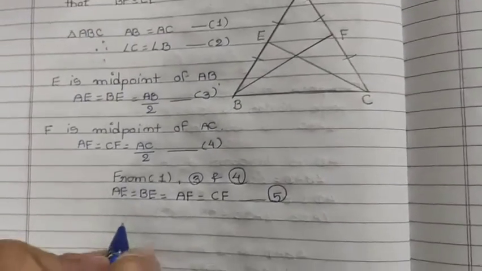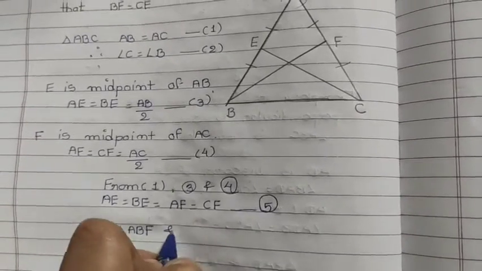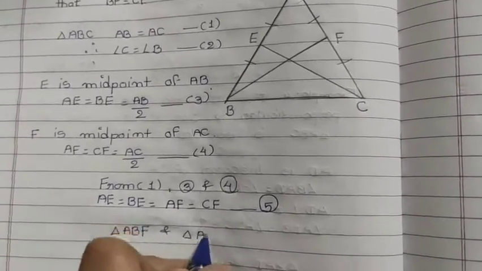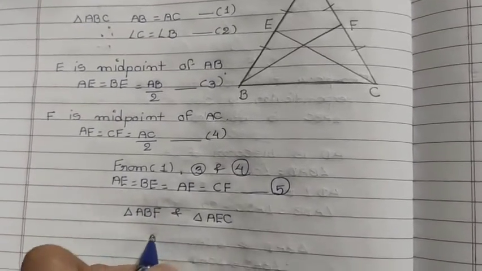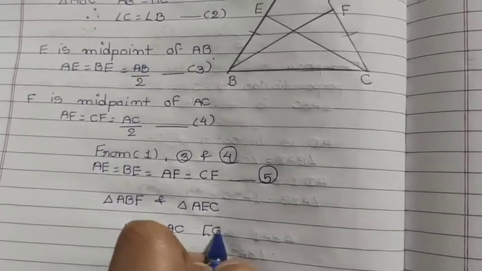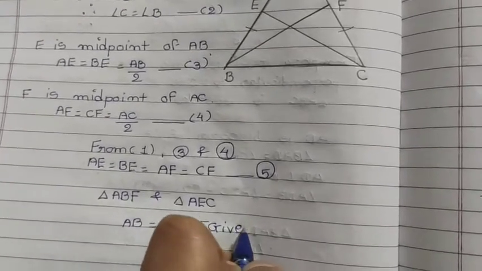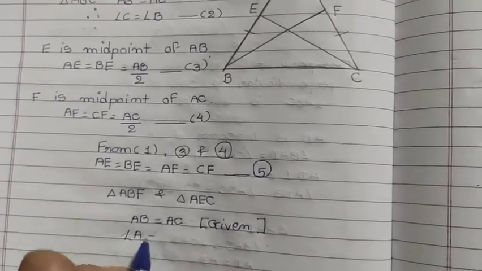Now we will take triangle ABF and triangle AEC. Now we can definitely write AB is equal to AC. That is result number 1 or given, because these two sides are equal. Now we can see that angle A is a common angle.